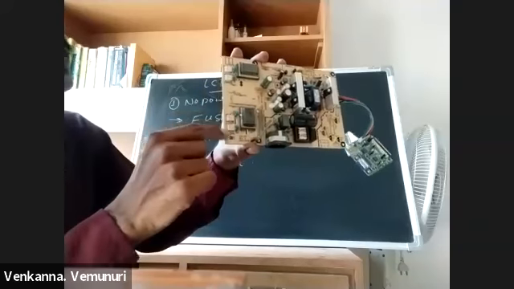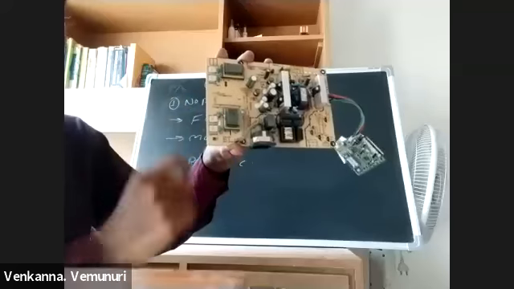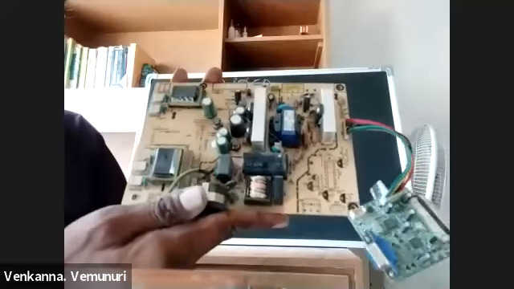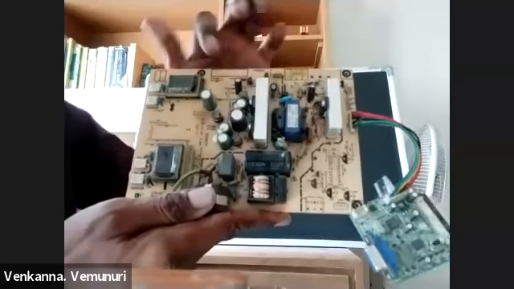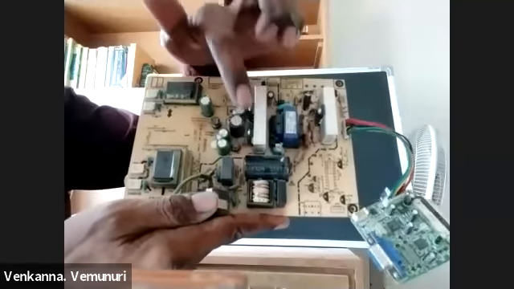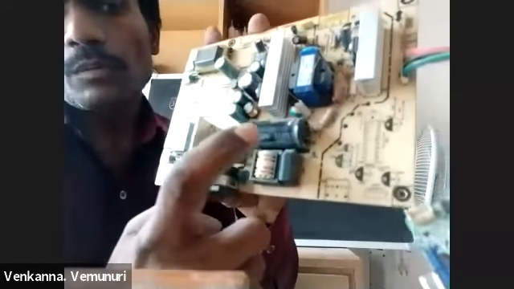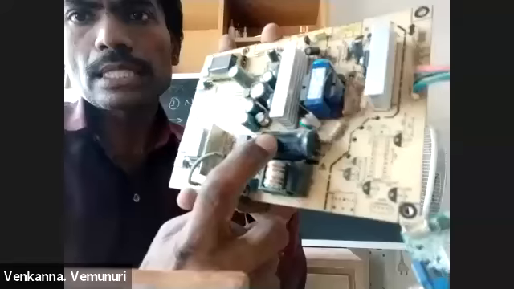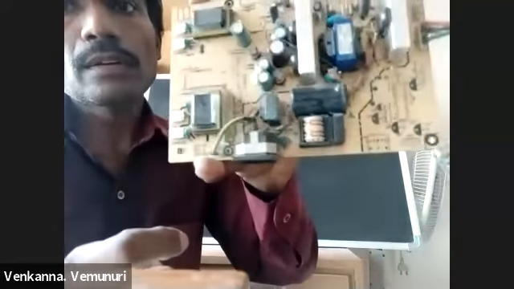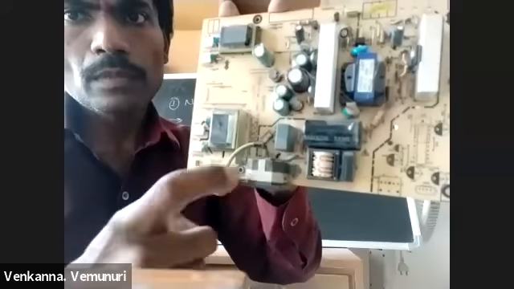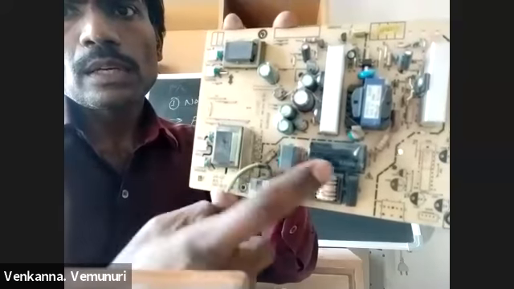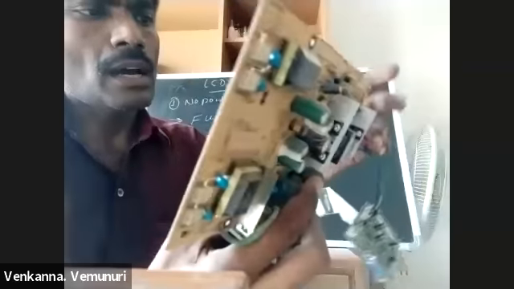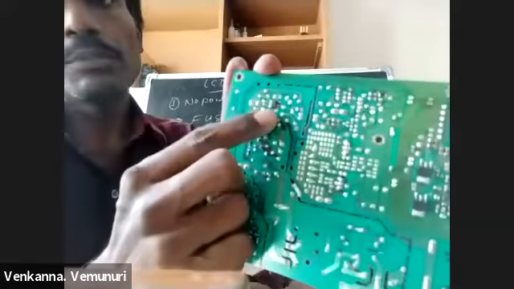Here we are connecting 2 CCFL lamps. And the most damageable parts are the capacitor, the fuse, and another one is the PWM IC.